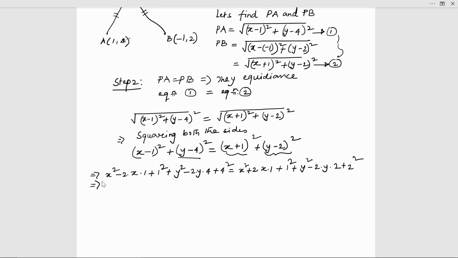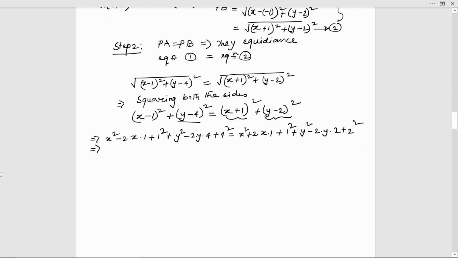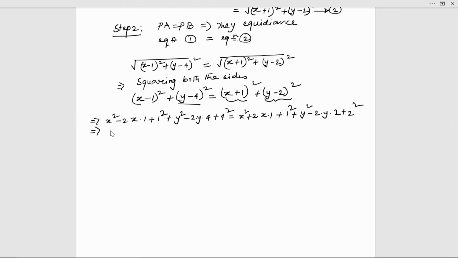So this x square and this x square will cancel from the left hand side and right hand side because they have the same sign, that is positive. Also the y square will cancel.